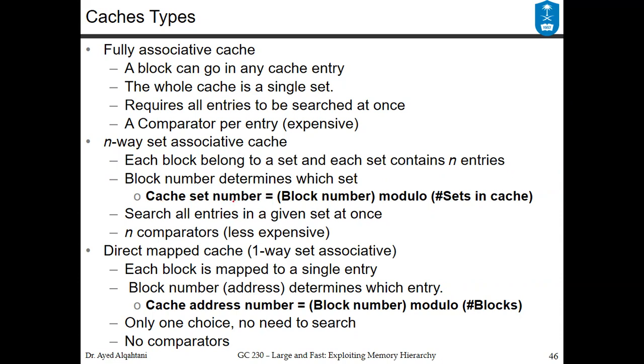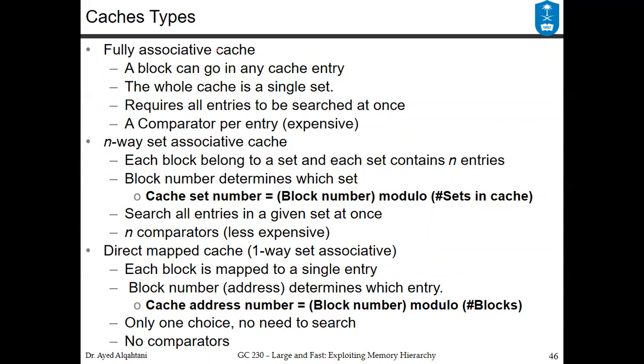The cache set number is equal to the block number modulo the number of sets in the cache. For the direct map, the block number, or what we call the address, determines which entry. And the cache address number is equal to the block number modulo the number of blocks.